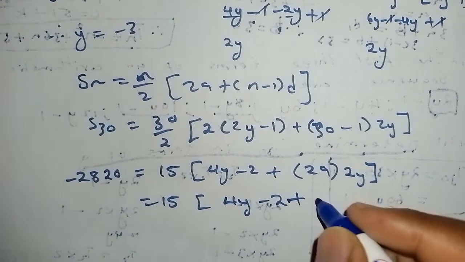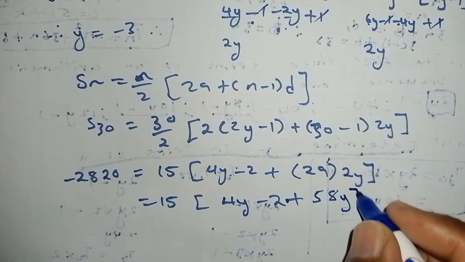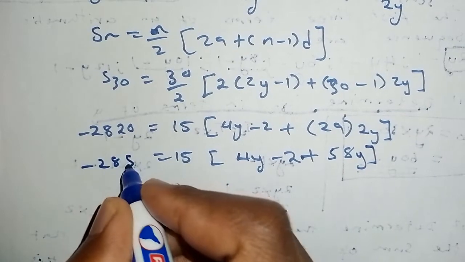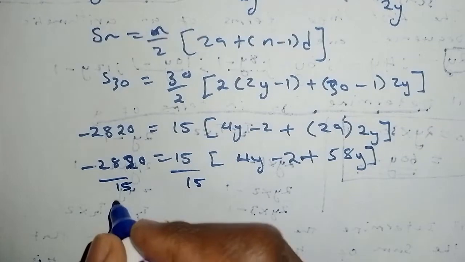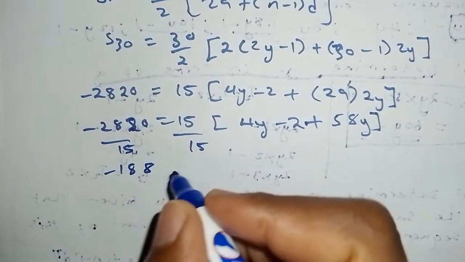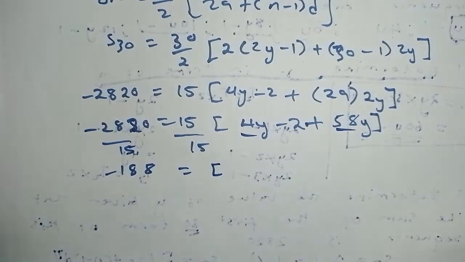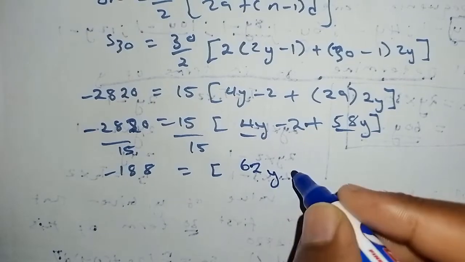It's 58y. This is giving me negative 2820. Divide by 15. Then I'm going to have negative 188 is equal to, 4 plus 58, it's 62y.